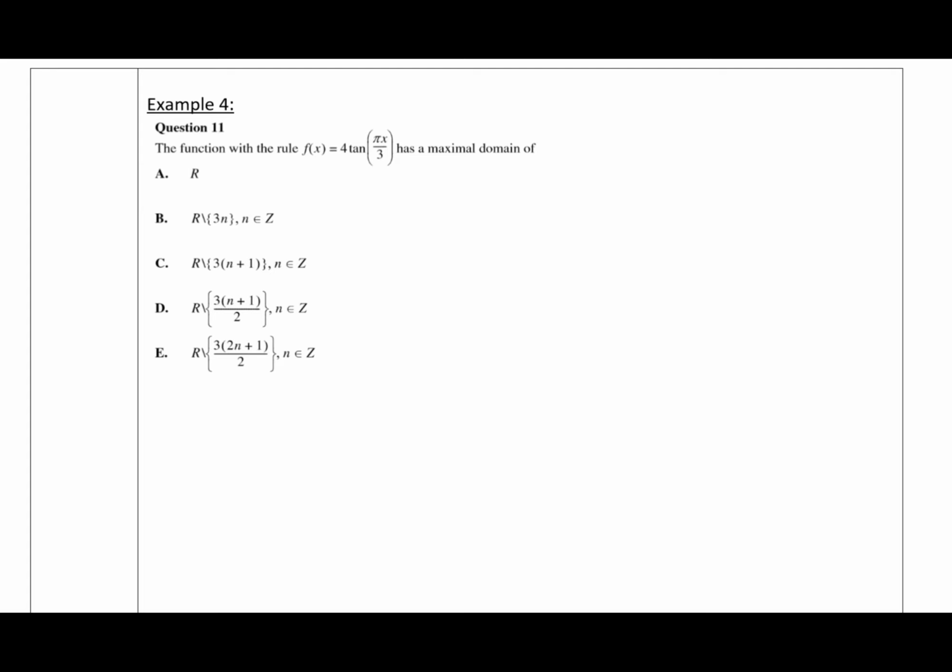Well, tan can never have an input of pi on 2, nor can it be an integer multiple of pi on 2, because that's where the asymptotes occur. So the maximal domain of tan can be thought of as all the real numbers except any of the asymptotes.